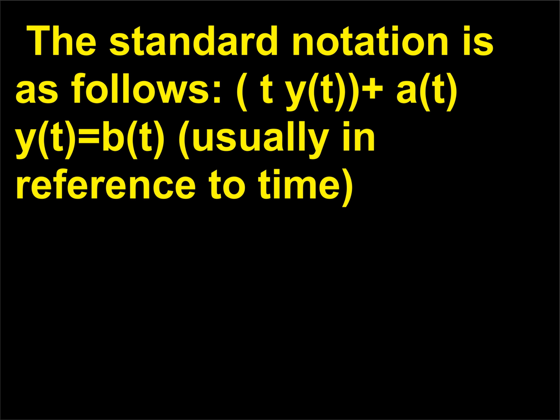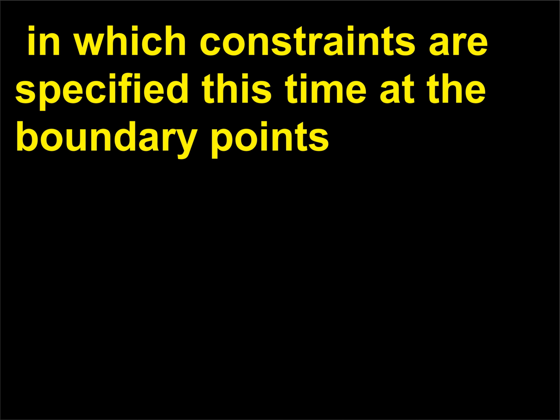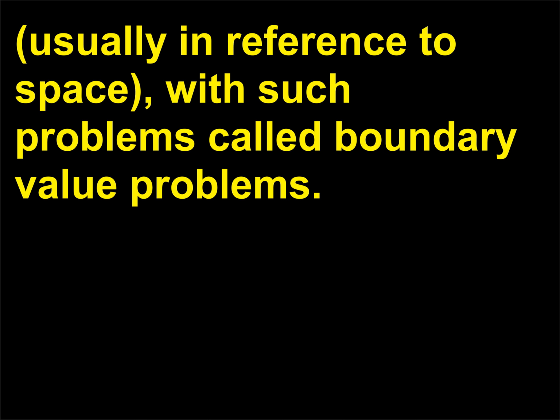The standard notation is as follows: y'(t) + a(t)y(t) = b(t), usually in reference to time. Such problems are called initial value problems. The other condition is the boundary condition, in which constraints are specified this time at the boundary points, usually in reference to space, with such problems called boundary value problems.